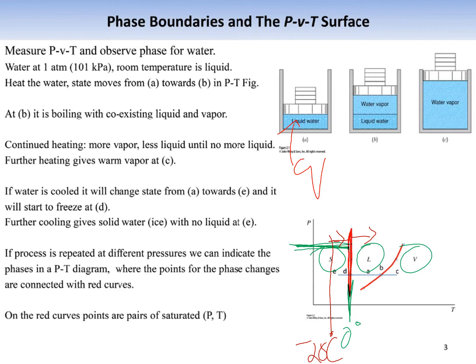Upon this line, when we continue to increase the temperature from minus 20 degrees centigrade and reach this point, then it will be coexisting in the form of solid and liquid. It will continue to melt at the same temperature, 0 degrees centigrade.